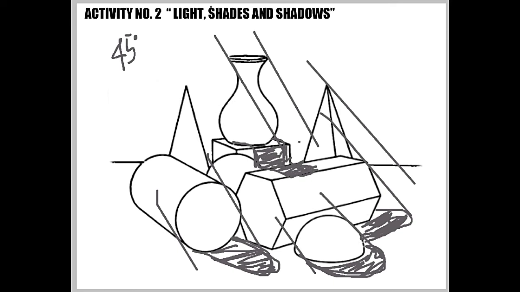Kaya ang shadow ay pwedeng mag-curve depende sa curvature ng mga objects. Hindi palagi straight ang shadow. Depende yan sa curvature of an object or ground. Ang curvature ng ground, kung ito ba'y merong mga holes or mga bundok-bundok. Kaya magbabago ang anyo ng shadow depending on the ground. Kung saan lalagpak ang shadow.